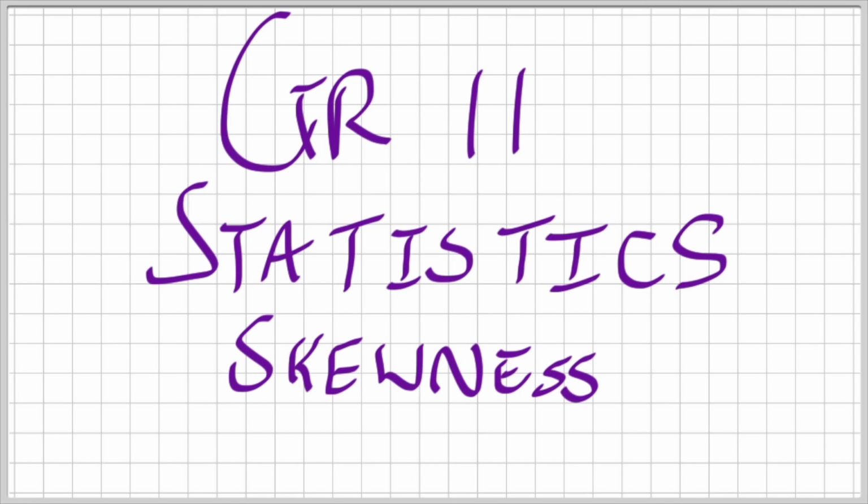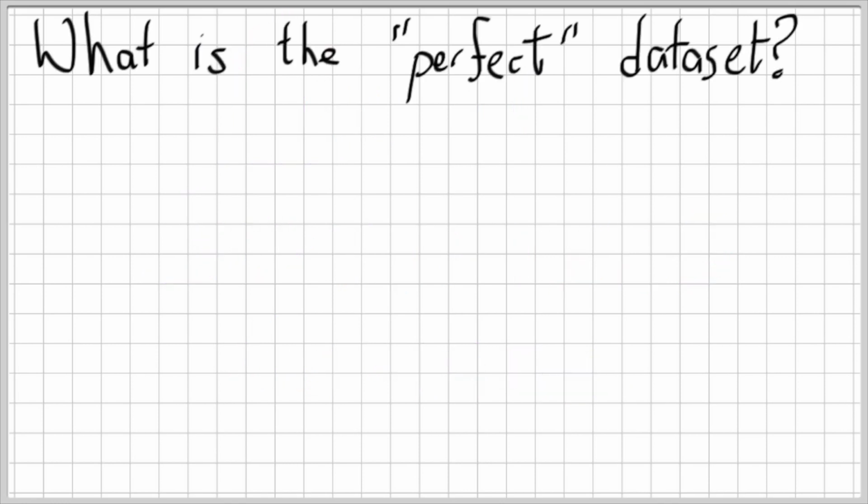So when I look at the skewness of a graph, I've got to first of all understand what is the perfect data set. Now, I'm saying that in inverted commas because there is no such thing as perfection, but there is what we would love to see, and we call this an even data set.